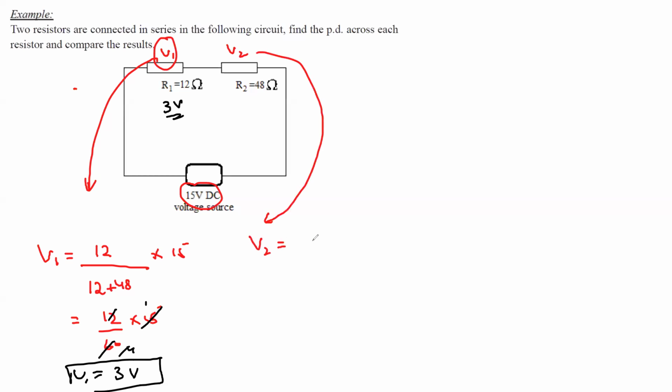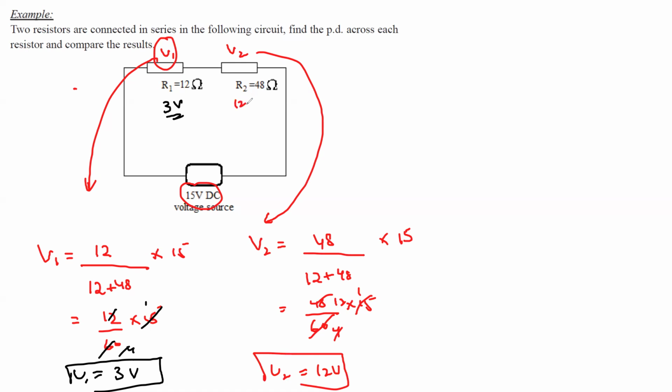V2 is the resistance of that part divided by the sum of the resistances of the circuit, times the total voltage of 15. So this will be 48 divided by 60, times 15. When you simplify, this will be 1 and 4, and this will be 12. So V2 is equal to 12 volts.